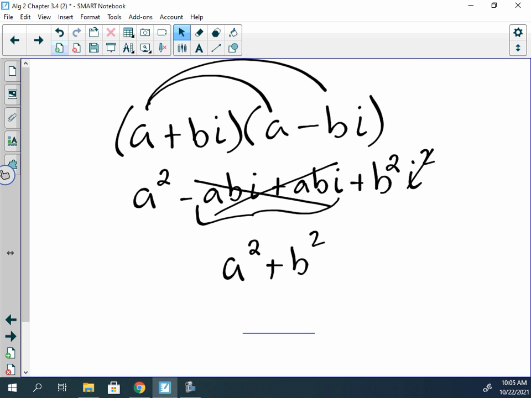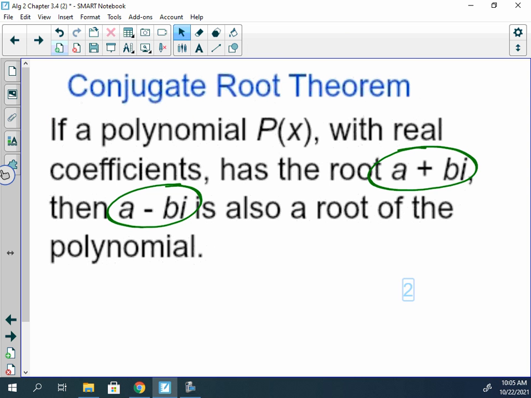And that's kind of key, because that's really what this is boiling down to. If a polynomial P(x) with real coefficients has the root a plus bi, then a minus bi is also a root. Because in the ones that we've dealt with and said no real solutions, did the equation have any imaginary terms in it? Well, no, it just had whole numbers, yes? There weren't any i terms in the beginning equation.